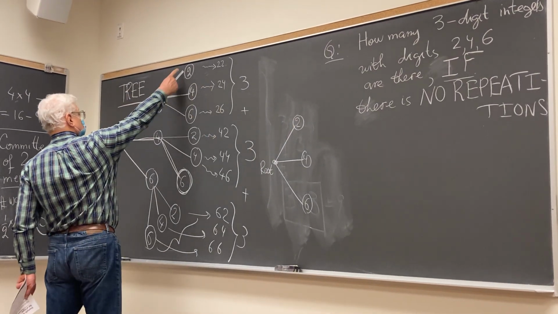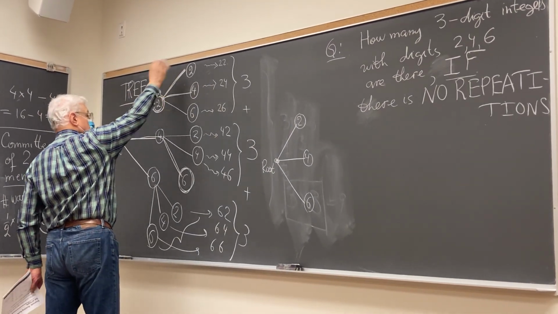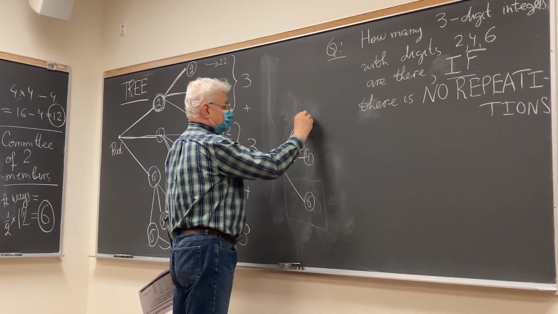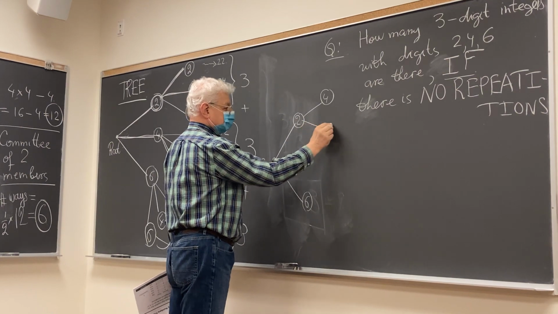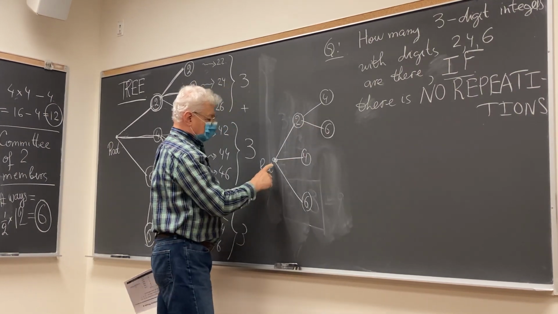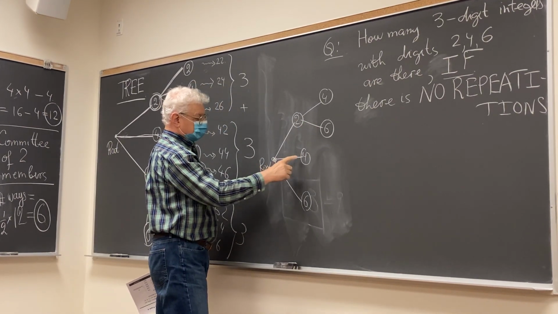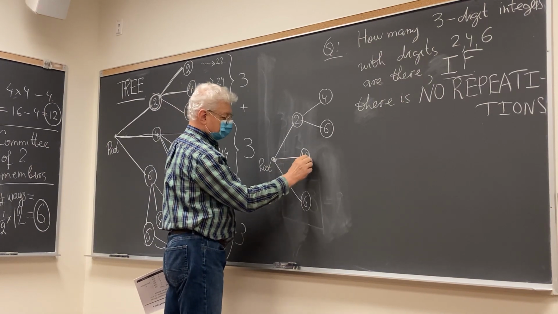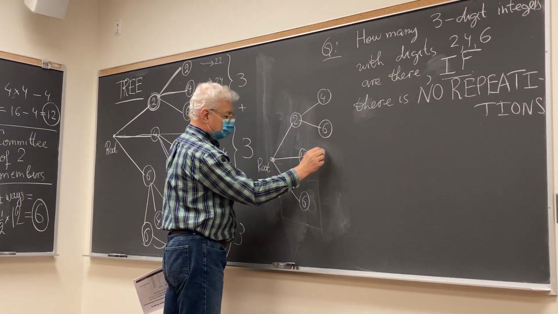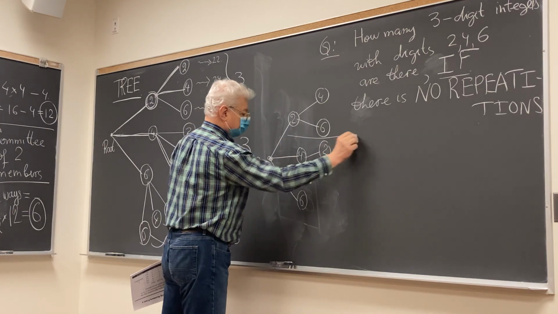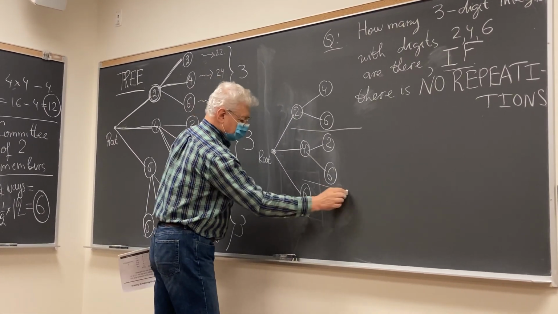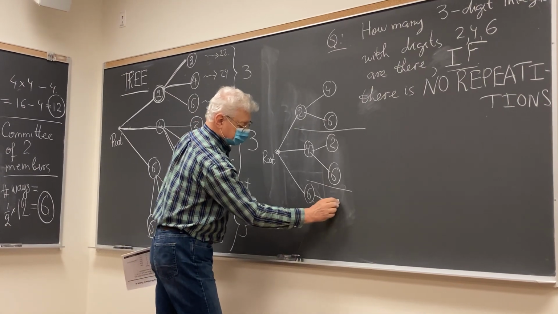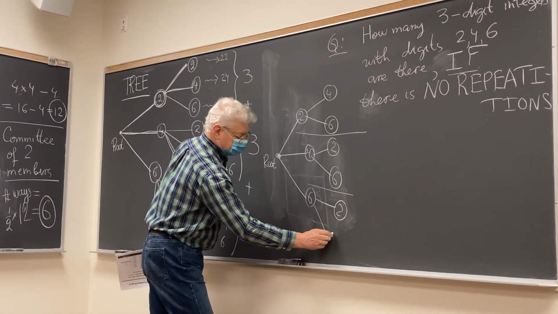So that branch must be erased. So we have 2, 4, or 6, right? Now, if you take 4, then how we can extend? We either extend with 2, or 6. And finally, if you start with 6, you can extend with 2, and then extend with 4.